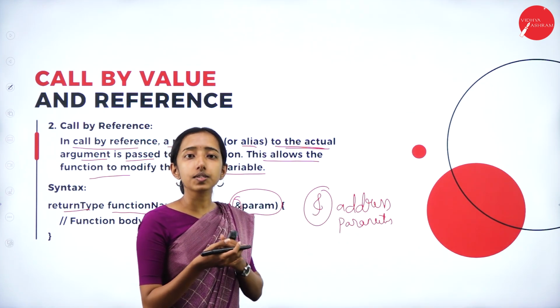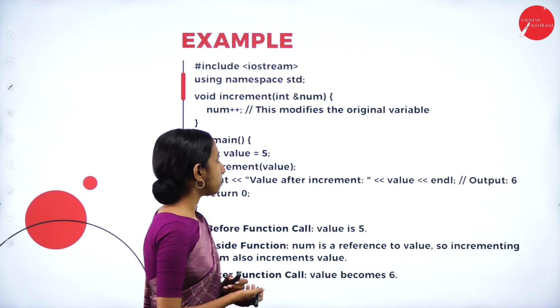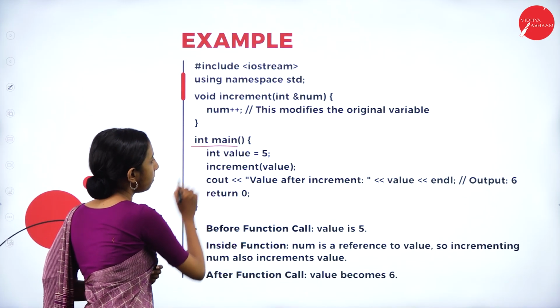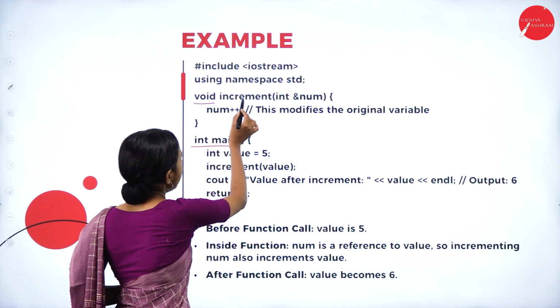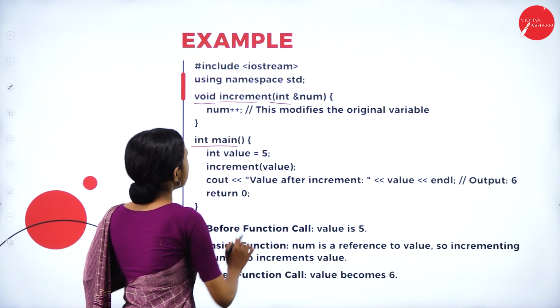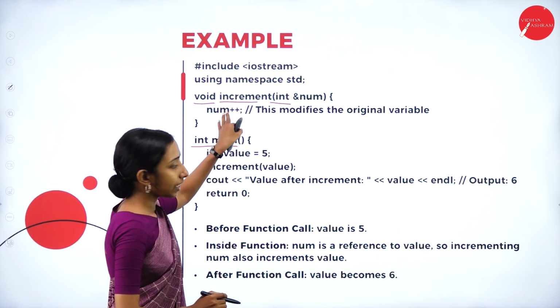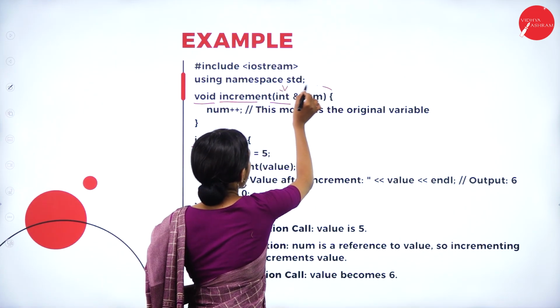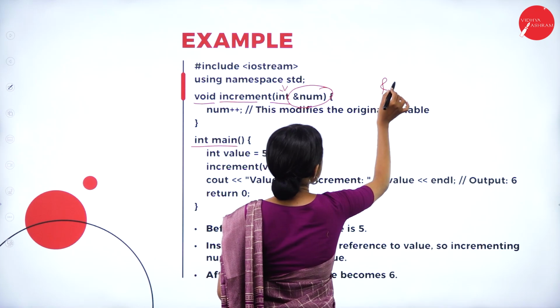Let us see how this works in a program. Here you can see we have int main and void increment int. Void is the return type, increment is the function name, and we have the int data type with & num.